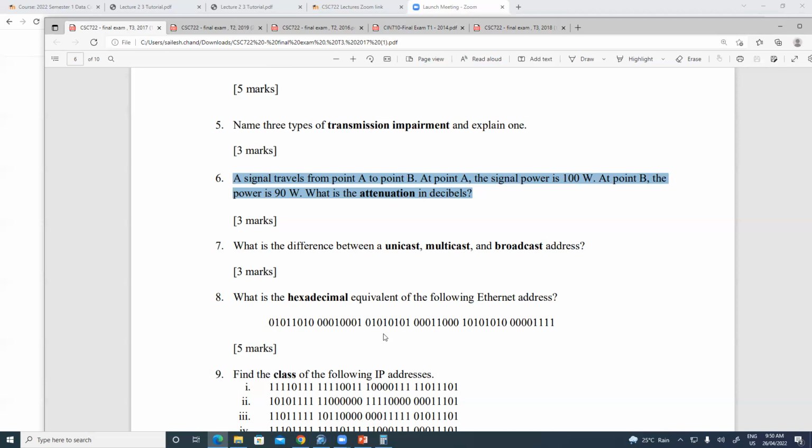That's 10 log 0.9 in a calculator, and you get 0.046.